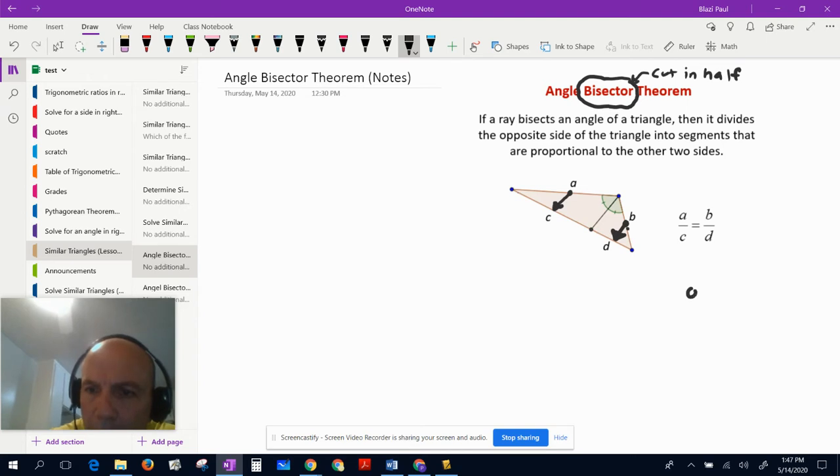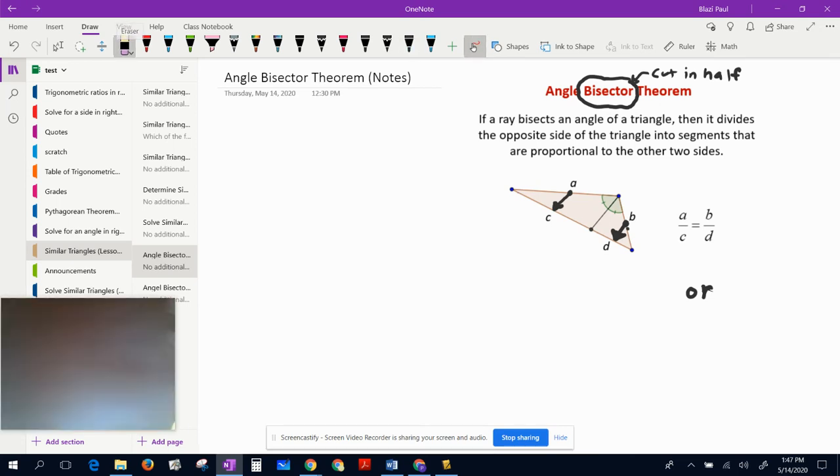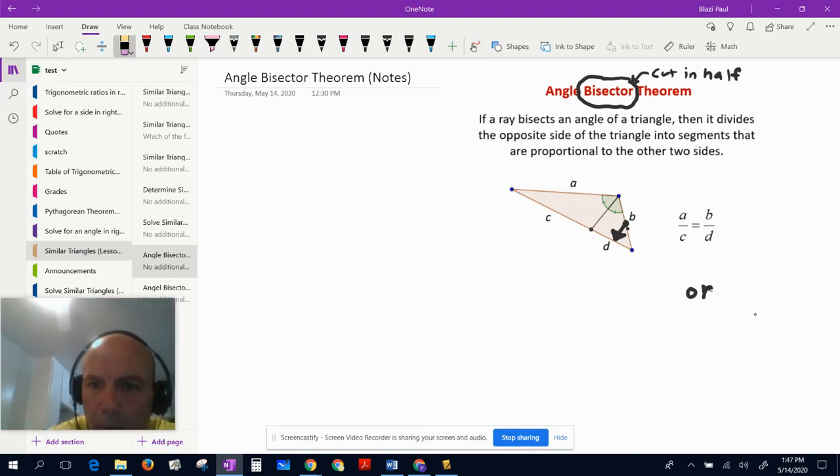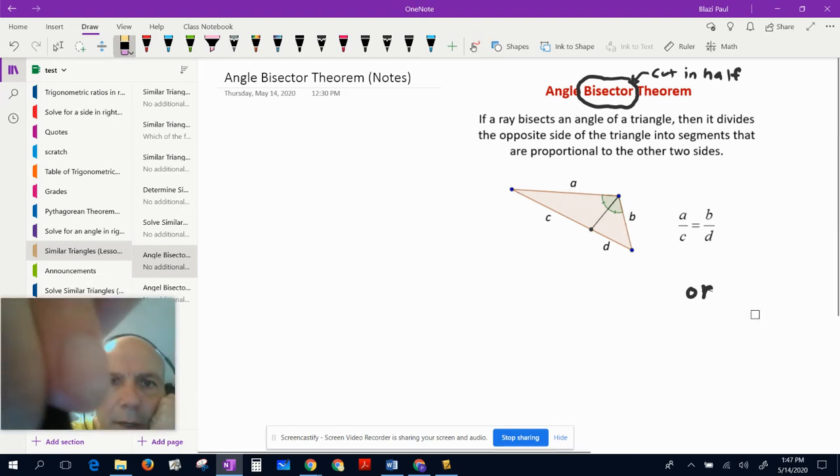There's one other way that you can write the proportion. Sometimes it benefits you to use this other method. It's pretty much just as simple as that one. Let me erase this so I can give you the visual here.